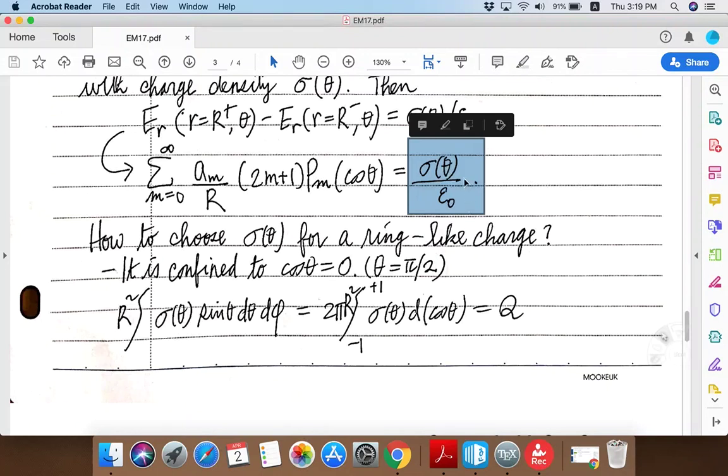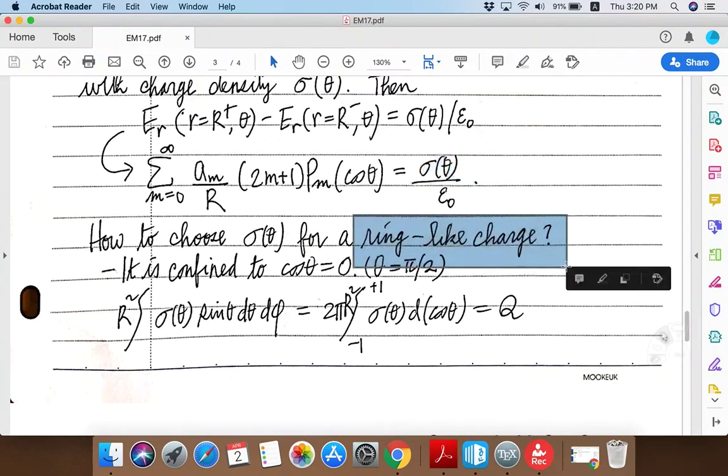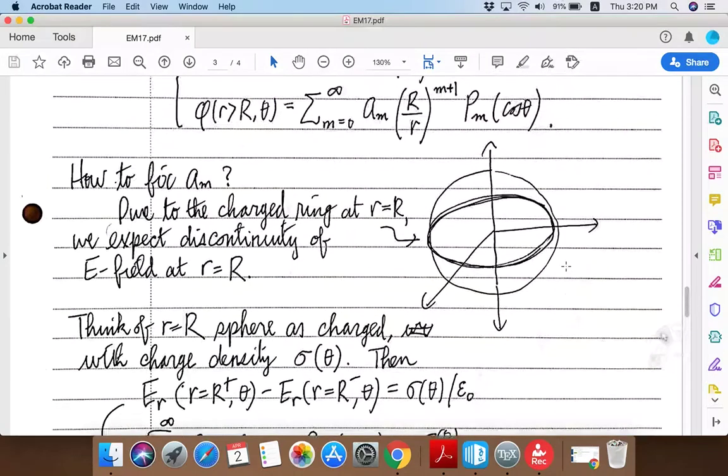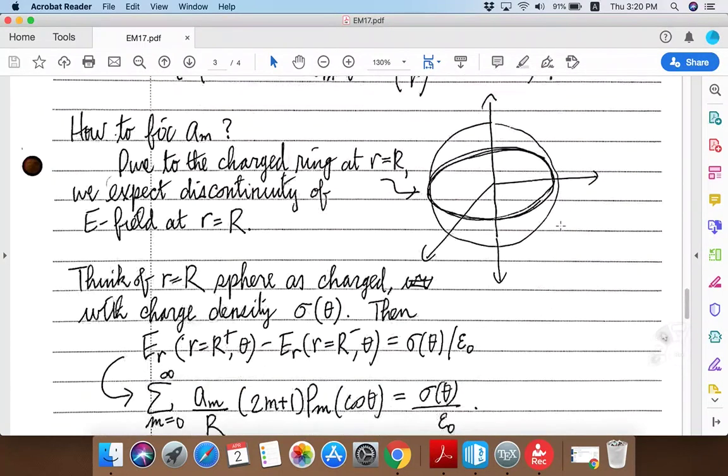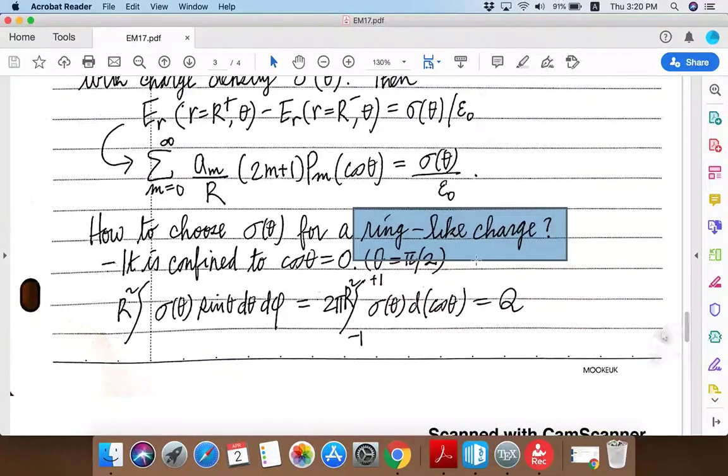But okay, now we have one final challenge, which is to choose this form of the charge density appropriately for a ring-like charge density profile. By ring-like, what I mean is that the charge density is confined to the angle theta equal to pi over 2, along the equator.